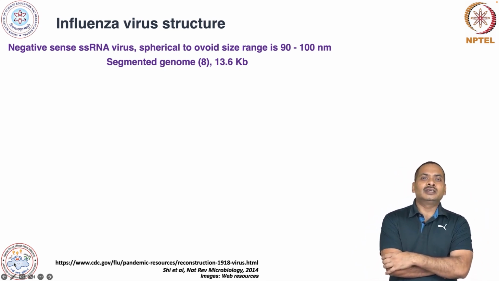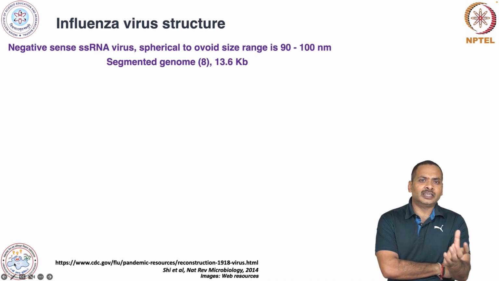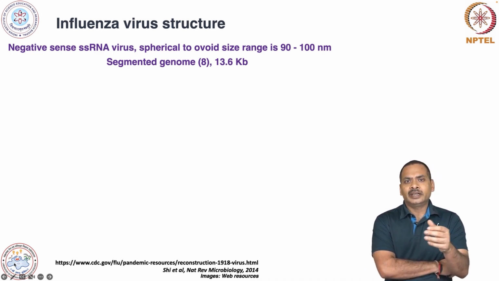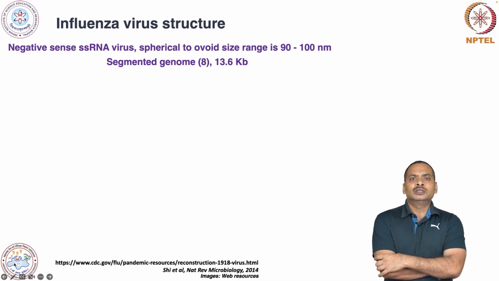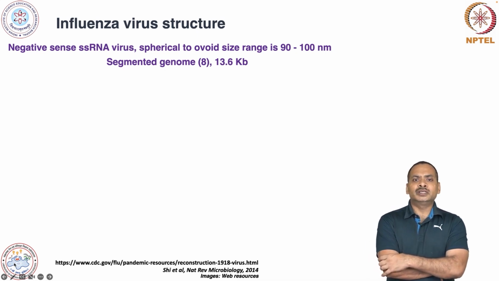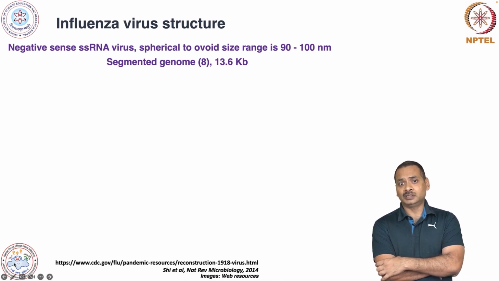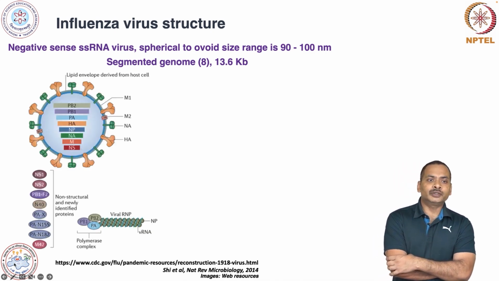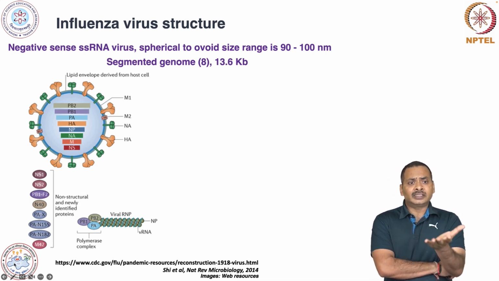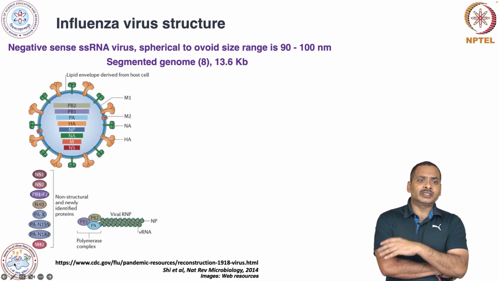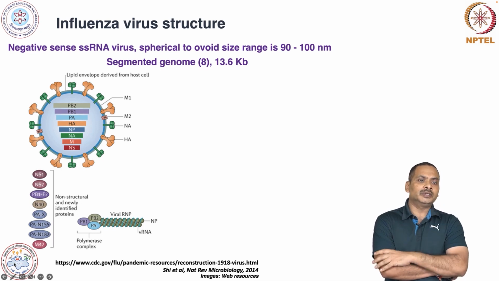And these segments are 8 in number, and if you join all these segments, the total size of the nucleic acid will be about 13.6 kilobases. Here you can see the structure, and inside this virus you can see the genome segments PB2, PB1, PA, HA, NP, NA, M and NS.